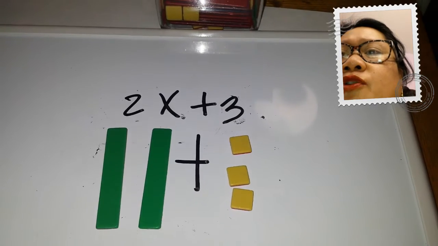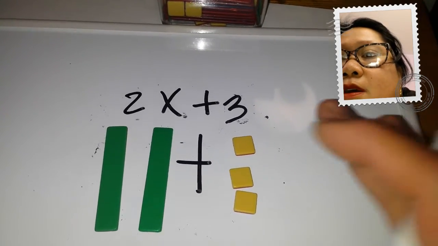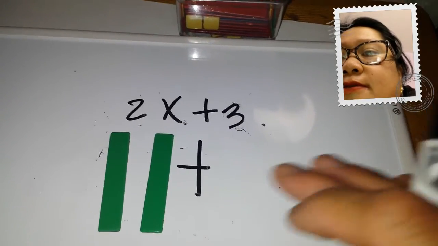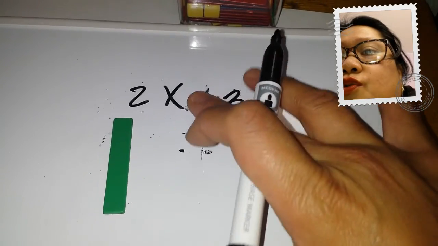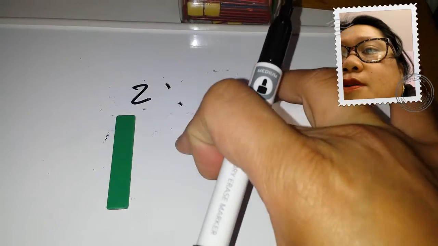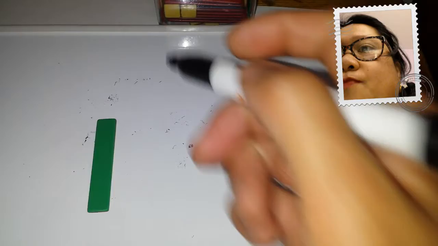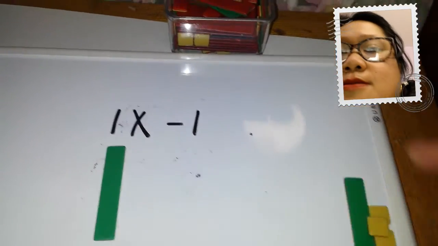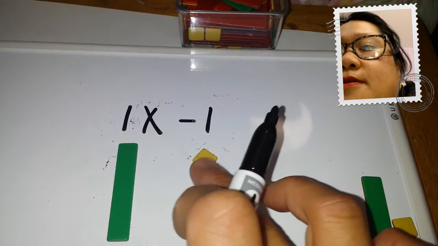Okay? We can also do subtractions using algebra tiles. So for example, let me move all of these over here on the side, and I'm going to just erase this portion of the board. So we can also do subtraction. We can do 1x minus 1, which would be this, 1x minus 1.